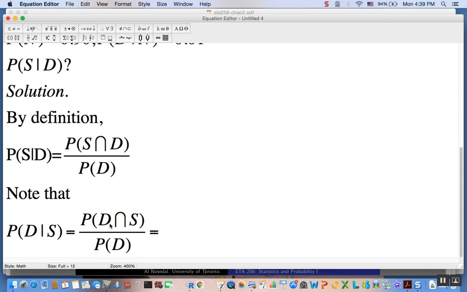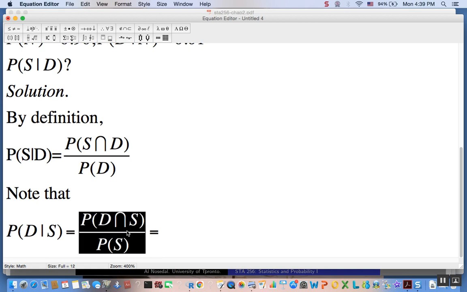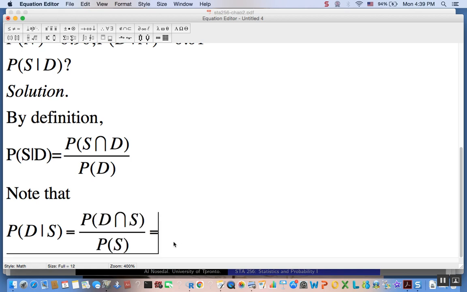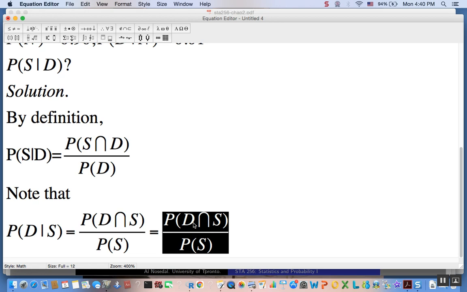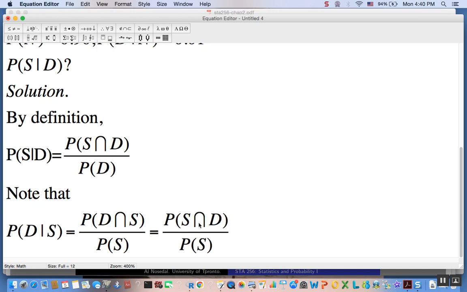But probability of D and S is the same as this, right? Oh, and this should be S. Probability of D and S is the same as probability of S and D. Okay?